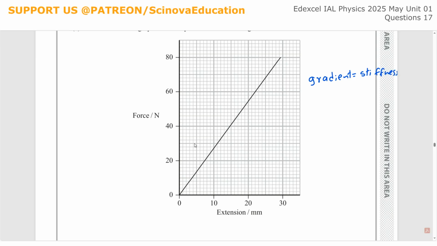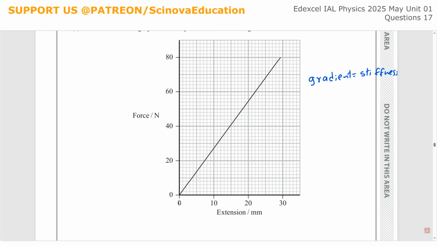Therefore, we have to identify the gradient of this graph. It's easier to get 2 points on the straight line, and it's better if the 2 points are as far apart as possible.